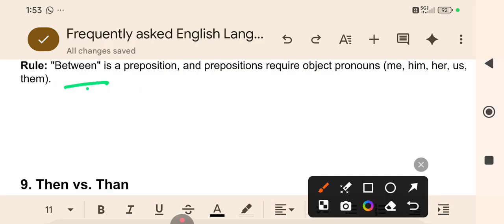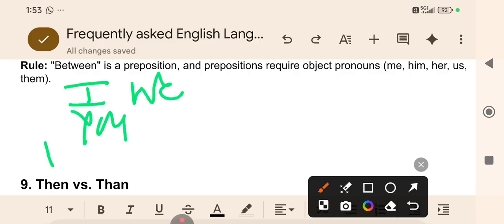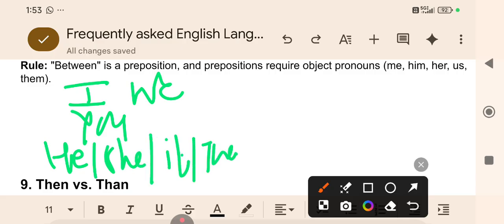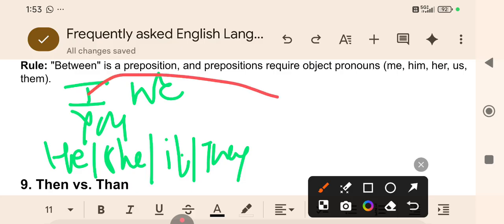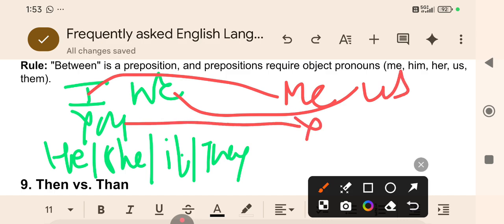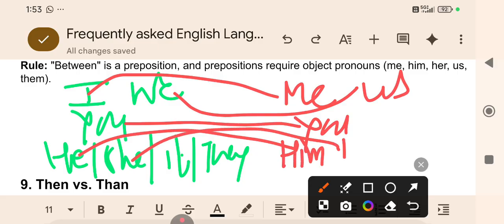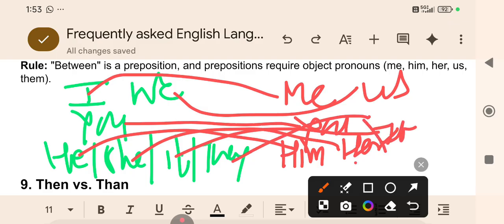I, we, you, he, she, it, and they. Now the changes: I becomes me, we becomes us, you, no change. You is always singular, plural, subject, object, everything. He becomes him, she becomes her, it is again common, it is subject, it is object, and they becomes them.